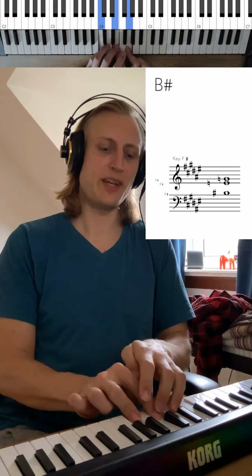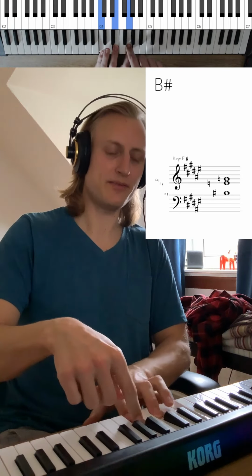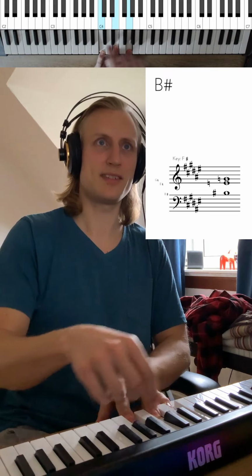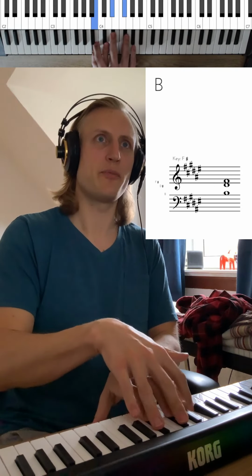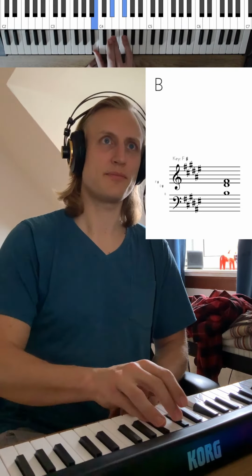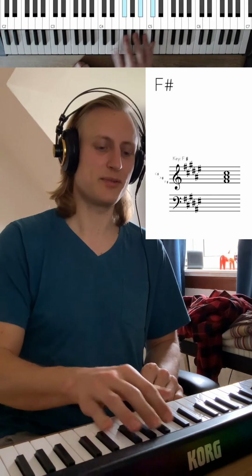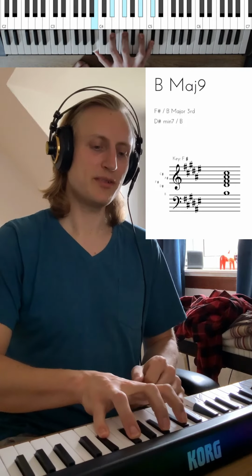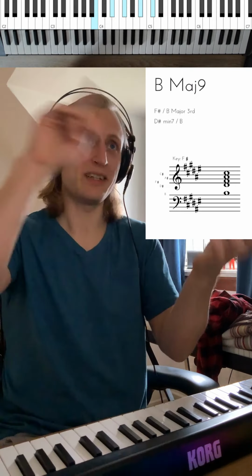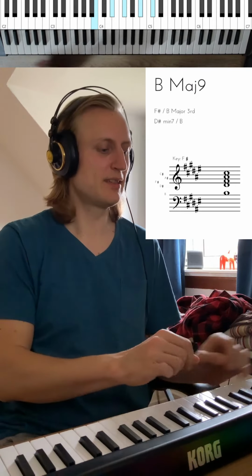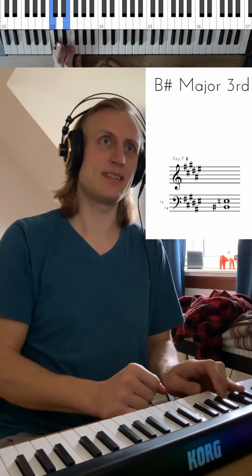And then we have neighbor chords here. We have the 5 of, for instance, C, or the 5 of B. The 5 of B is F sharp.